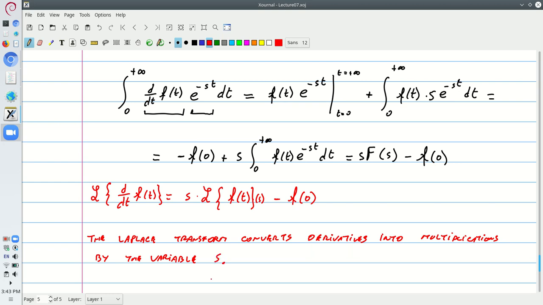And that's the main reason, this is one of the main properties, if not the main property, that makes the Laplace transform so important.